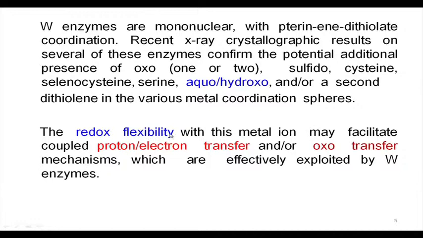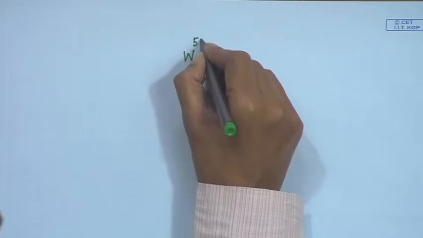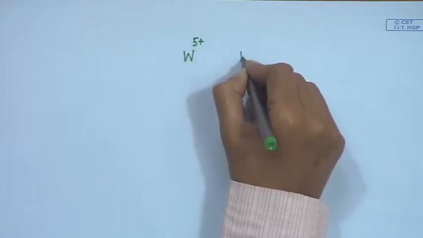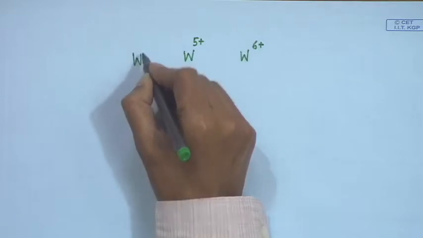So, the redox flexibility is a very important terminology for that, if we have the corresponding oxidation states like molybdenum 5 plus, then molybdenum 6 plus and 4 plus.